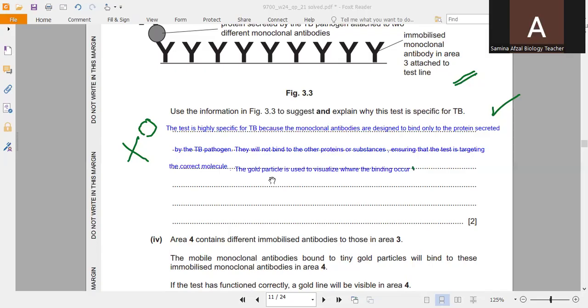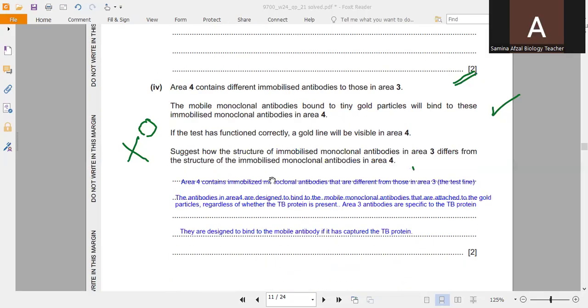Now the next question is about area 4. The area 4 contains different immobilized antibodies to those in area 3. The mobile monoclonal antibodies bound to tiny gold particles will bind to these immobilized monoclonal antibodies in area 4.